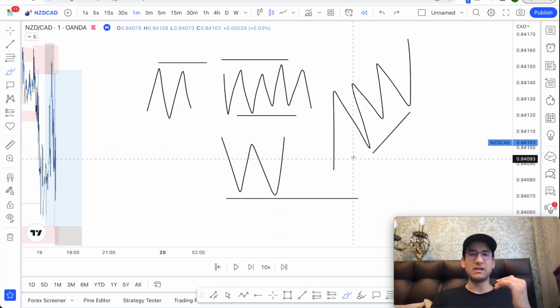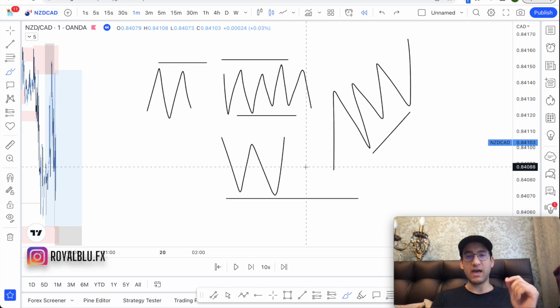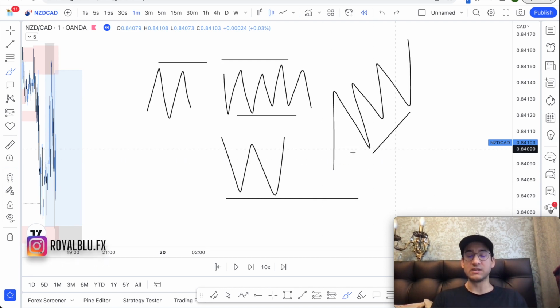And again, patterns aren't a bad thing, as long as you stay focused on them and follow your rules in the trading market. But I'm here to tell you that this is not the way the market moves. It doesn't move based on patterns.